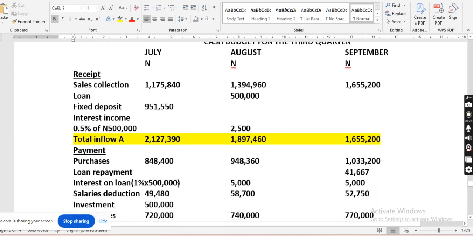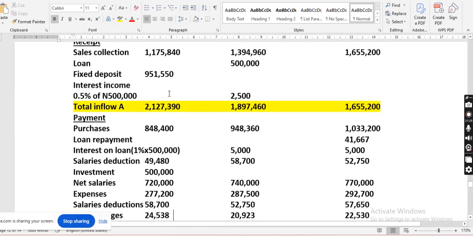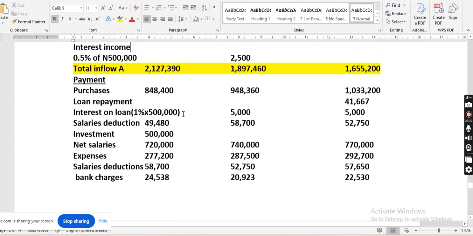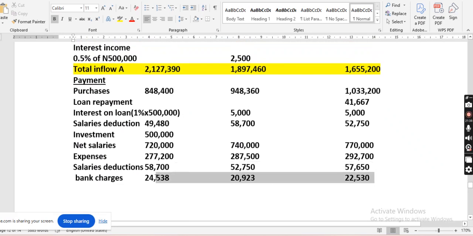Then you deduct your payments. That is why I said the total inflow minus your outflow. Your outflow is your purchases, your payments. So we need to look for the total of this for each of the months.